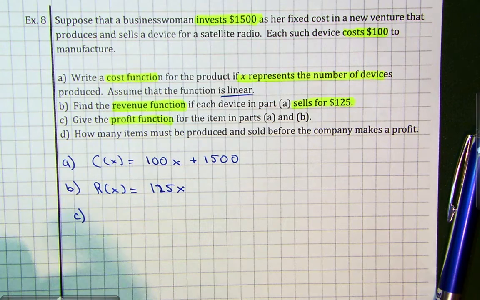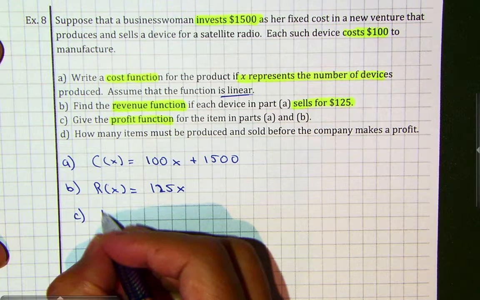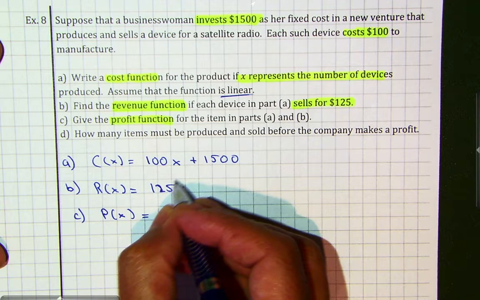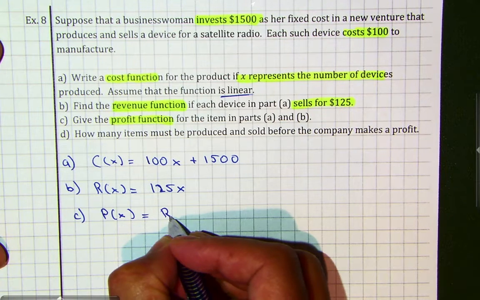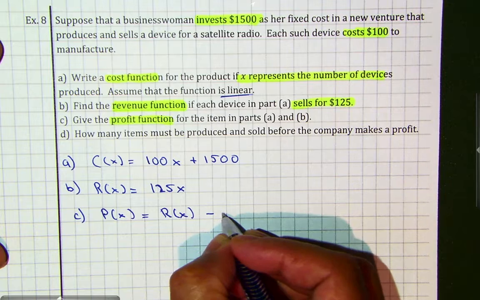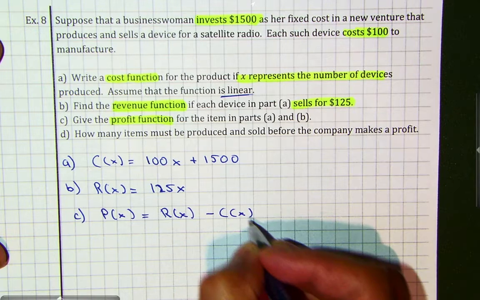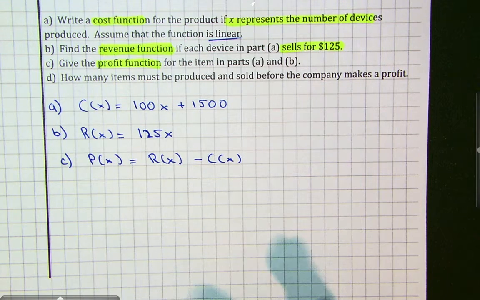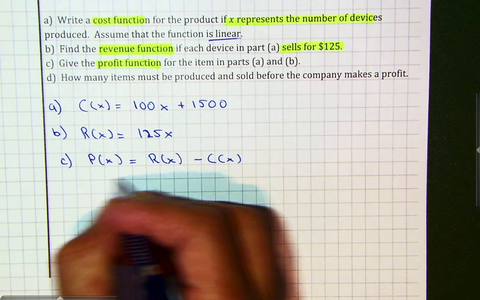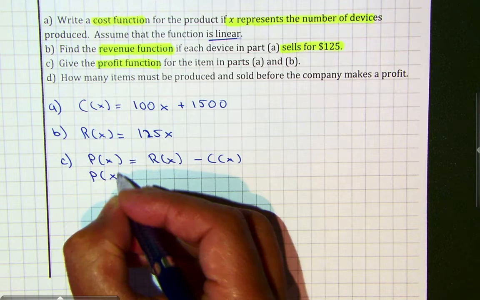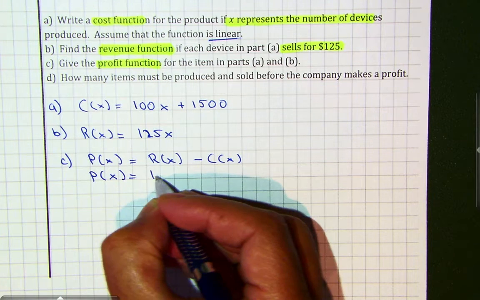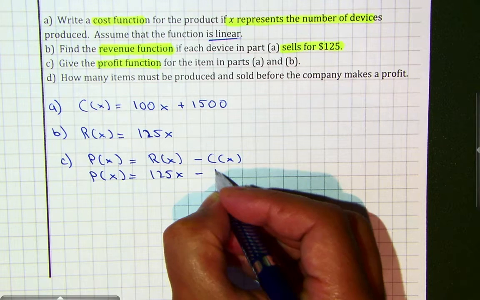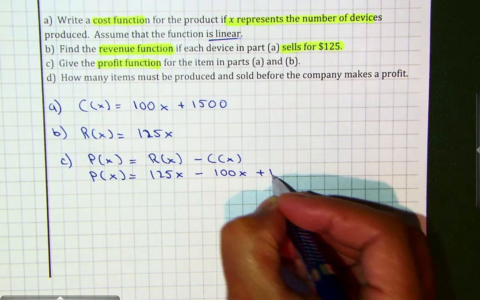Now your profit function, how can we determine the profit? How much money you're getting will be your revenue function minus your cost function. And that'll be the notation that you guys will be seeing if you've seen it before as well. So your profit function is equal to 125x minus 100x plus 1500.